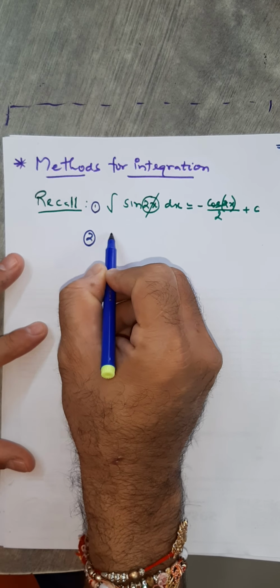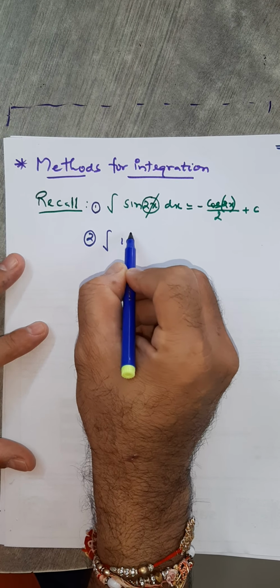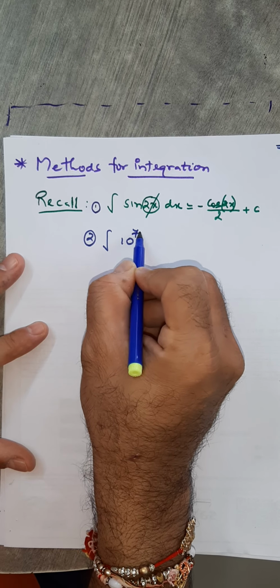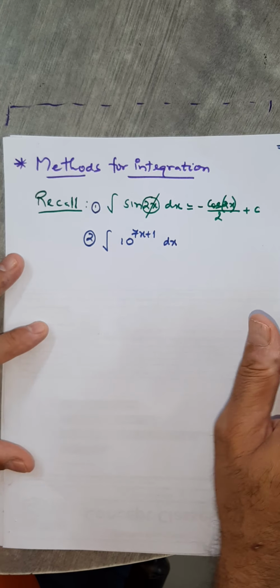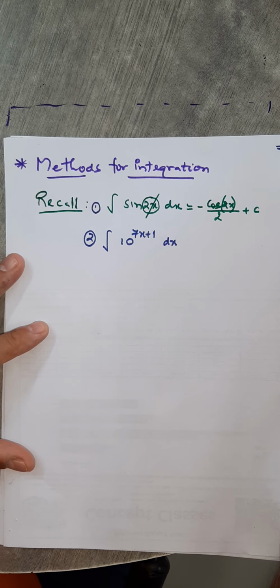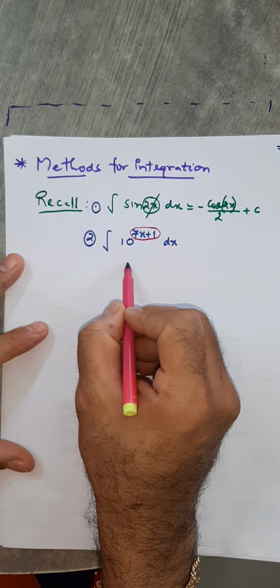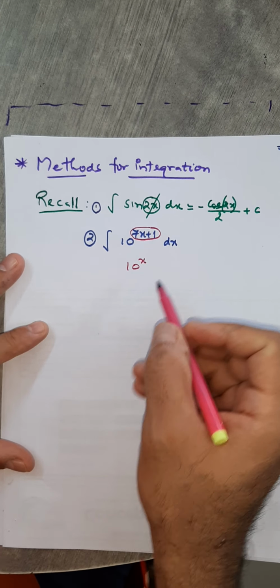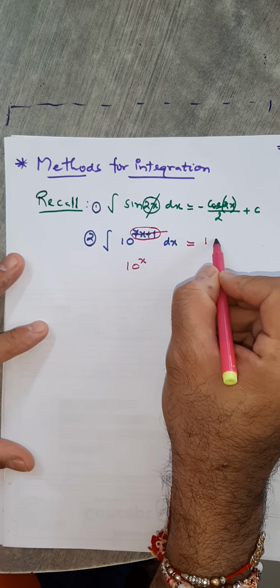Suppose one more example, let me write 10 raised to 7x plus 1. Suppose such a function. Now here the function is composed with this linear function. You can imagine it like 10 raised to x. What's the integral of a raised to x?